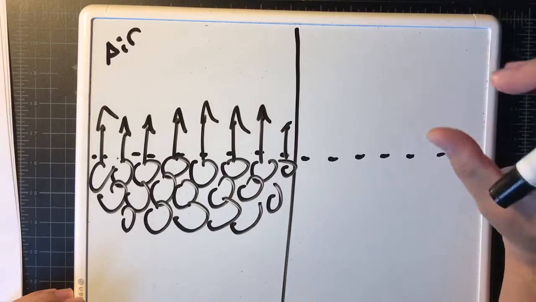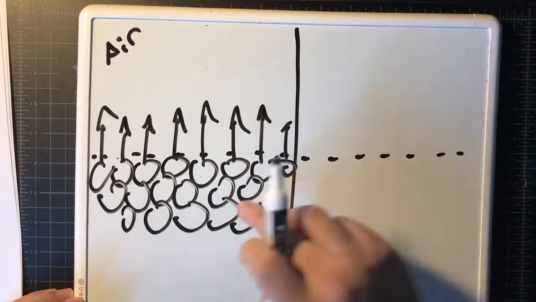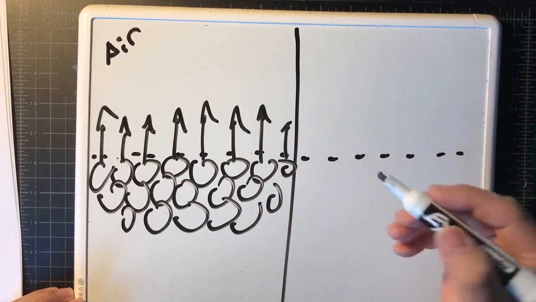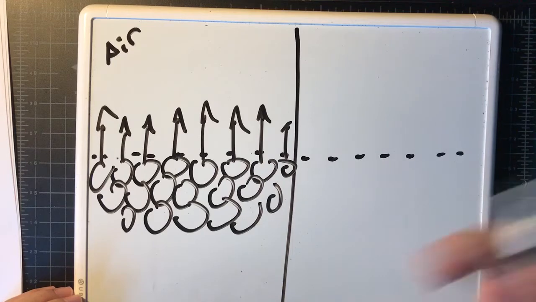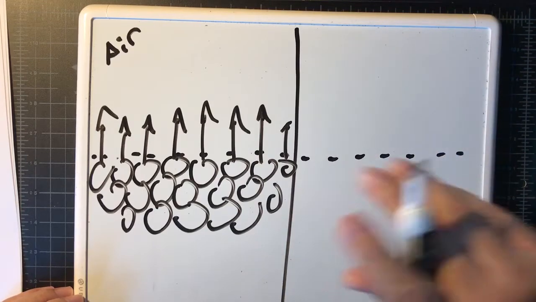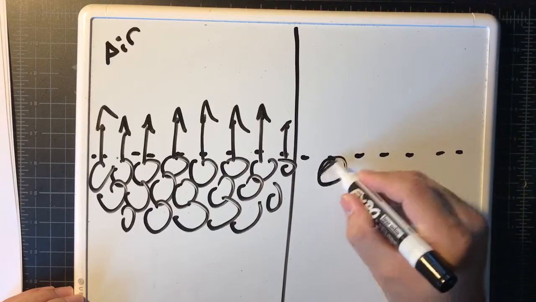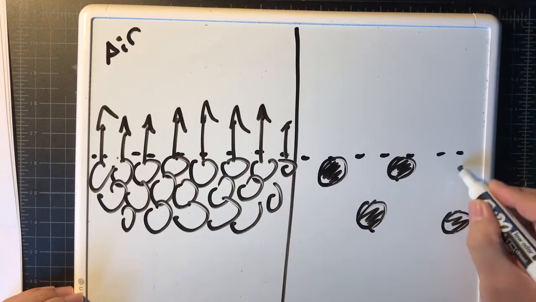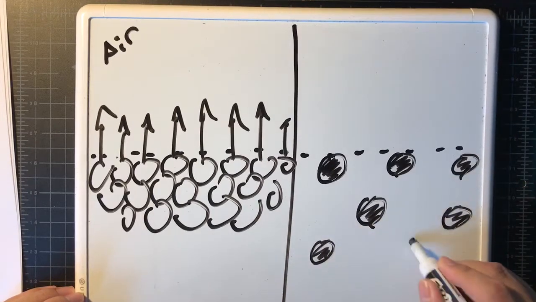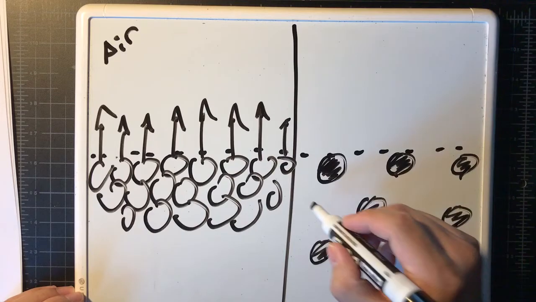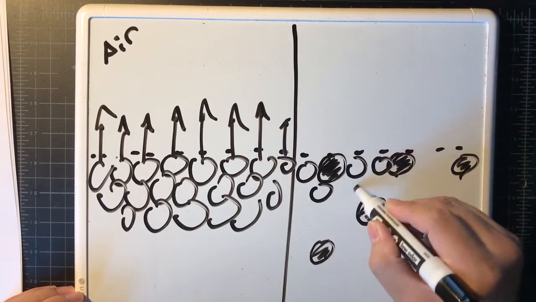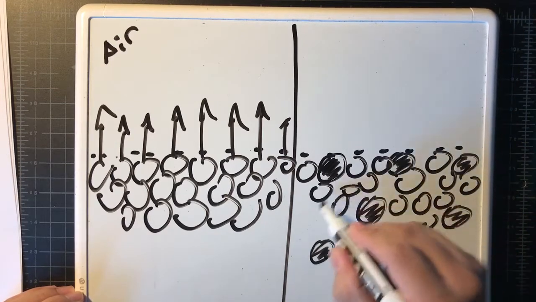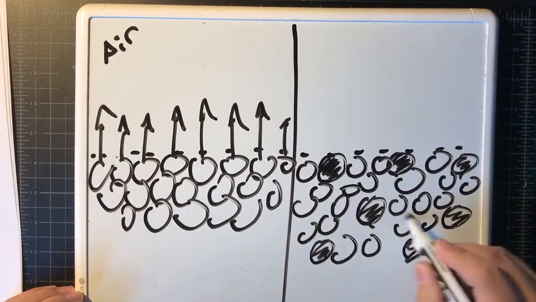Now imagine a solution where you have solutes and solvent, where the solvent is water. Say for example you put in salt. It's not particles, it's actually sodium and chloride ions interspersed, but just bear with me. Say you have solute particles anywhere along the solution, interspersed along with the water molecules.